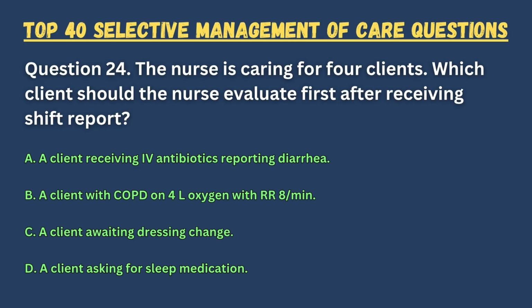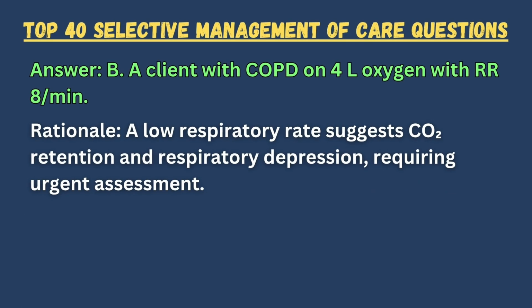C. A client awaiting dressing change. D. A client asking for sleep medication. Answer. B. A client with COPD on 4-liter oxygen with respiratory rate 8 per minute. Rationale. A low respiratory rate suggests CO2 retention and respiratory depression, requiring urgent assessment.